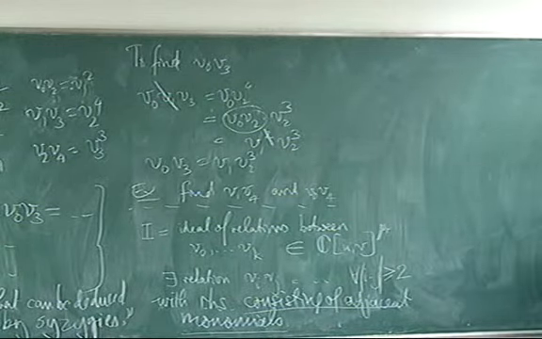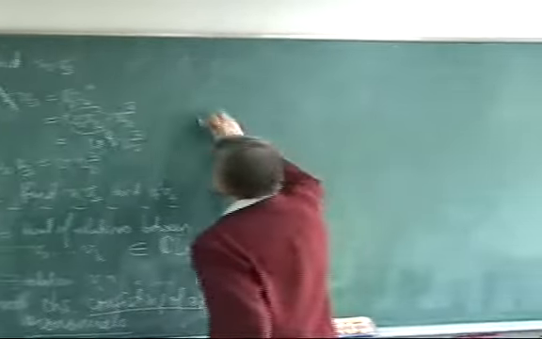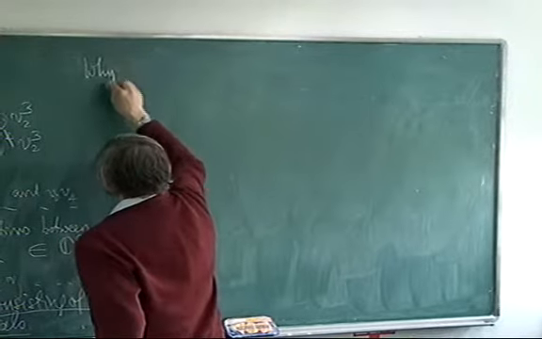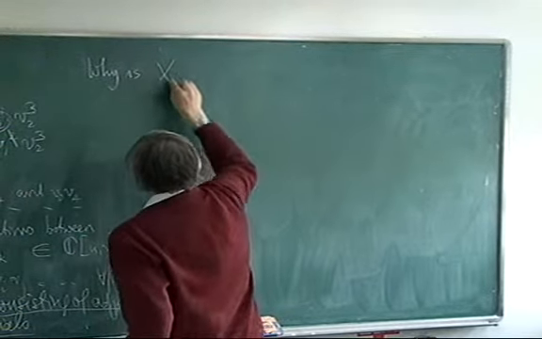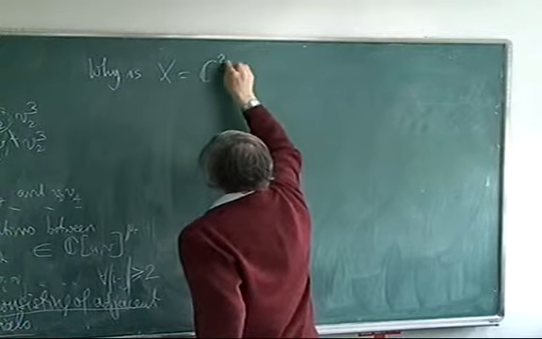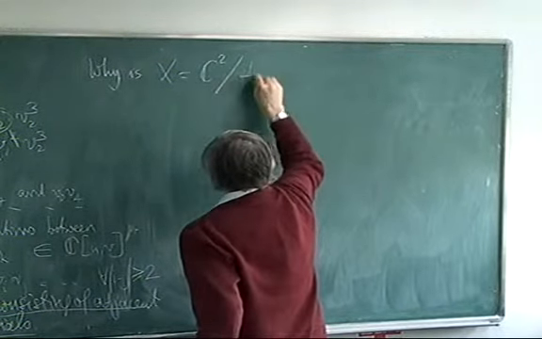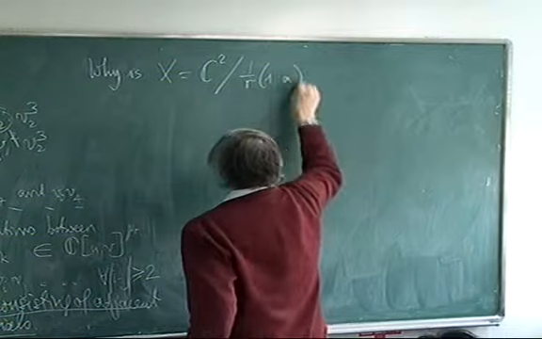So now finally, let me say Y is this, X equals C^2 divided by this 1 over r (1,a), an algebraic variety.